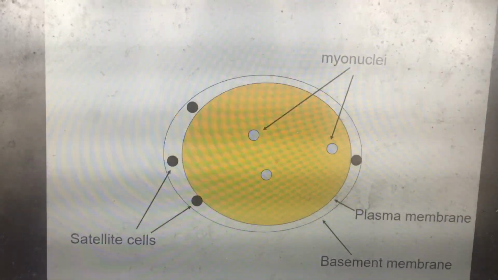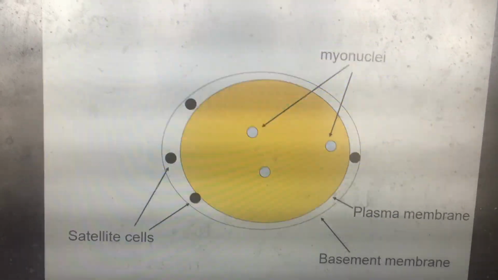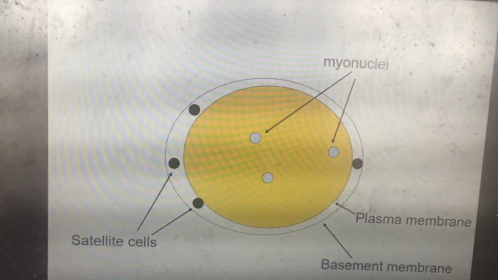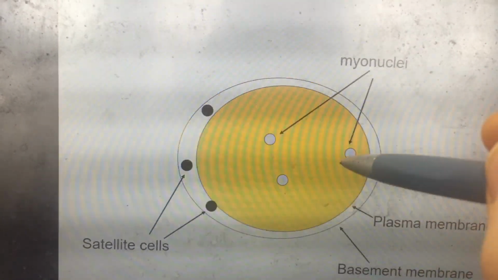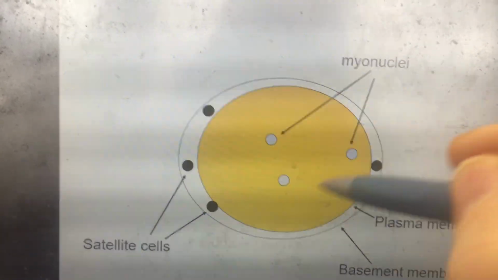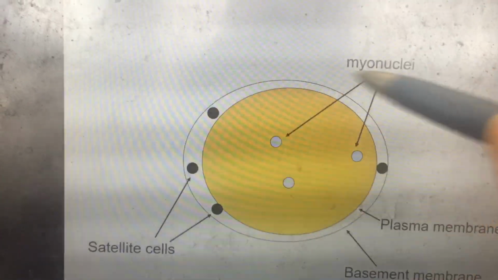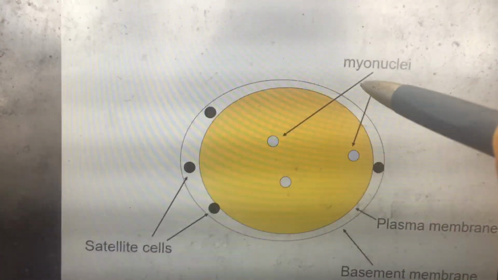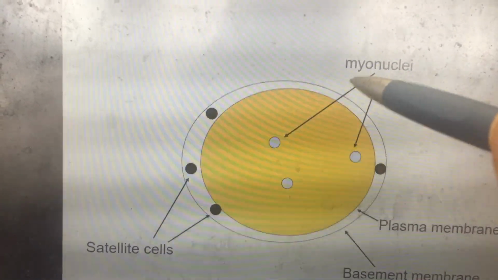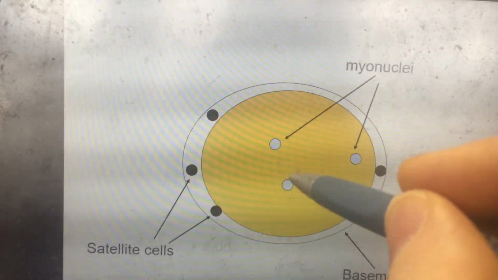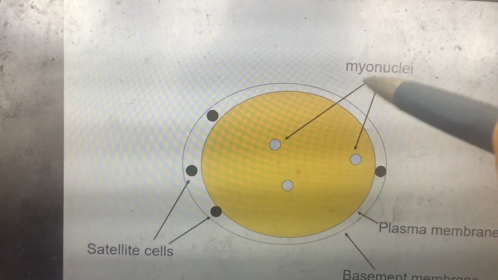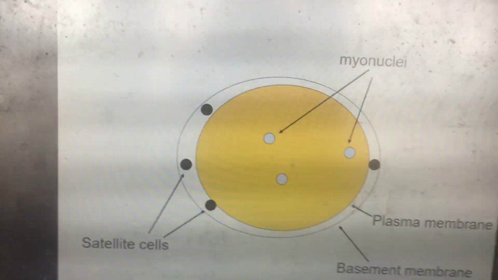They sit outside the muscle membrane in a resting state, and these myonuclei just represent the individual nuclei. So this is one nucleus, multiple is nuclei. Myonuclei are your nuclei within a muscle fiber. So a single is a nucleus, multiple is nuclei, myonuclei specifies muscle fiber.